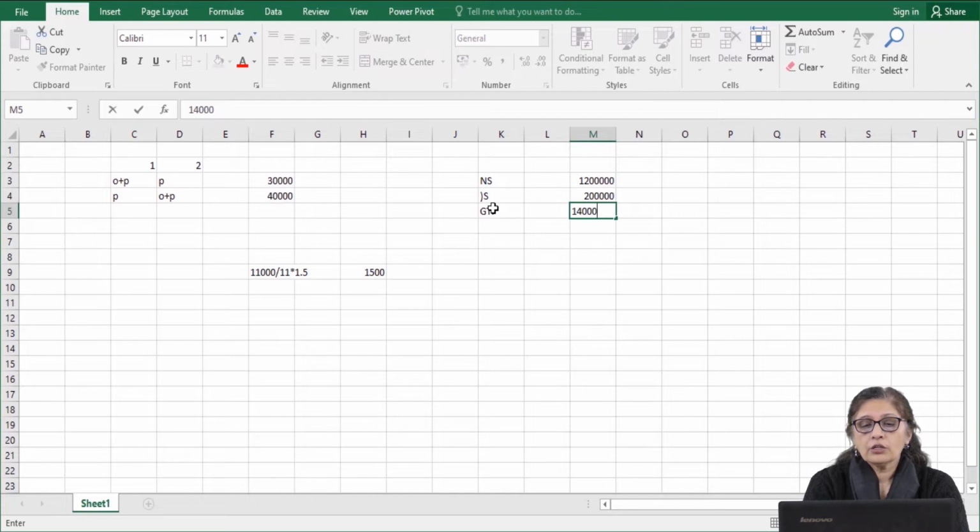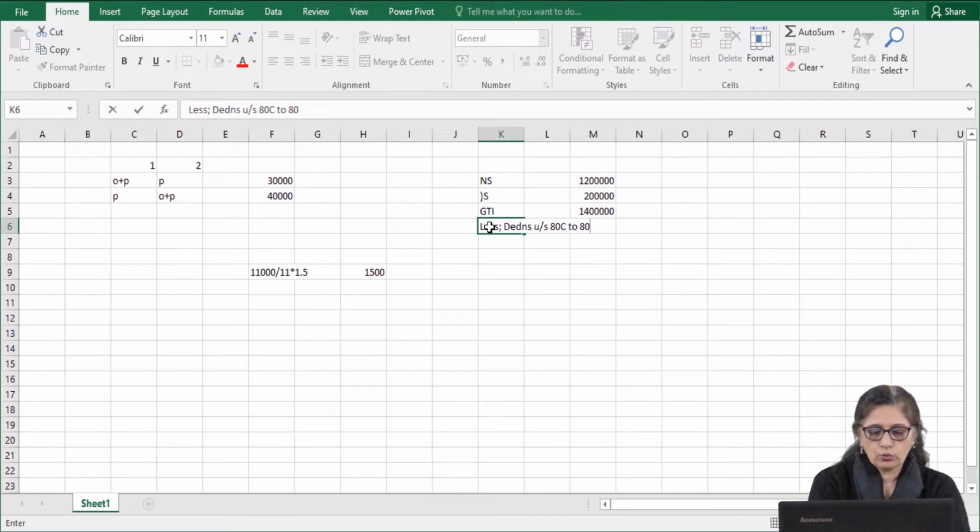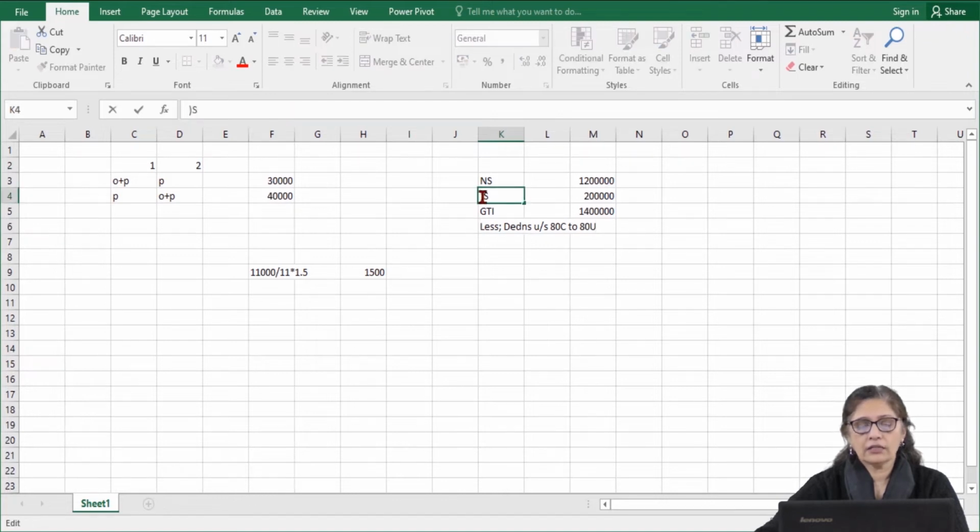Now, to pay tax on this gross total income, we provide certain deductions, and those deductions you will do in detail later. They are deductions under sections 80C to 80U. We will do one of these deductions, that is 80C.